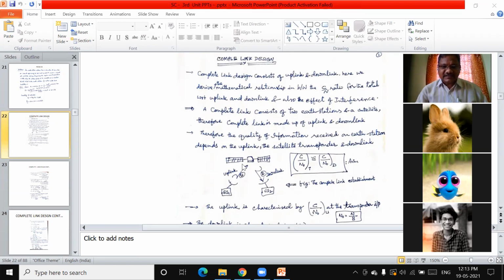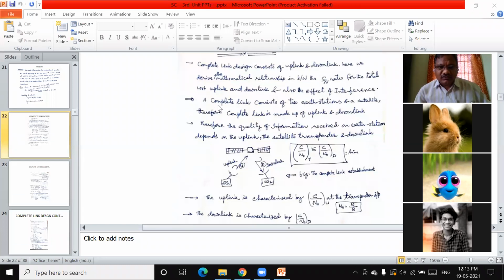So in the earlier case, C by N naught U you saw, and C by N naught D you saw, but here it is C by N naught T you are going to see. So now here the complete link design consisting of 2 earth stations and a satellite.